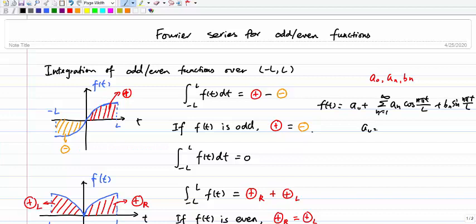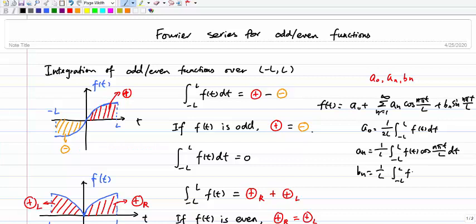Now A0 is given by 1 over 2L times the integration from negative L to L of f(t) dt, and An is 1 over L times the integration from negative L to L of f(t) cosine(n pi t over L) dt, and Bn is 1 over L times the integration from negative L to L of f(t) sine(n pi t over L) dt. So here n goes from 1 to infinity.